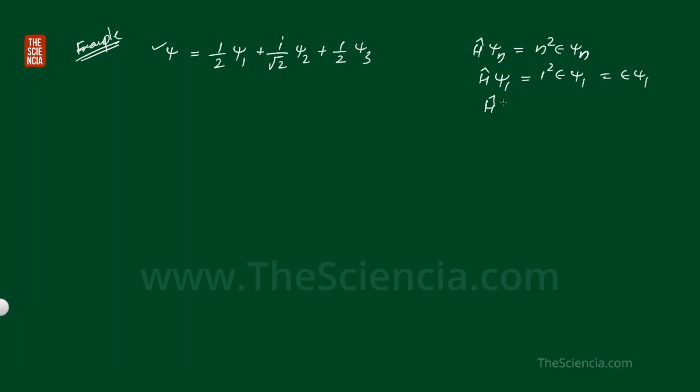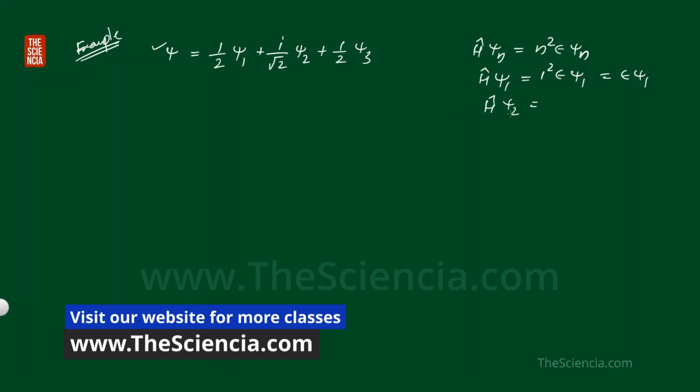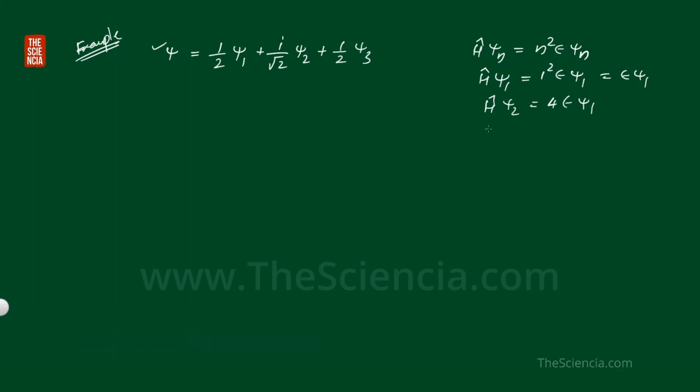Similarly, if H operates on psi 2, it will give 2 square, that is 4E psi 2. And if it is operated on psi 3, it will give 3 square, that is 9E psi 3. So these are the energy values E1, E2 and E3.